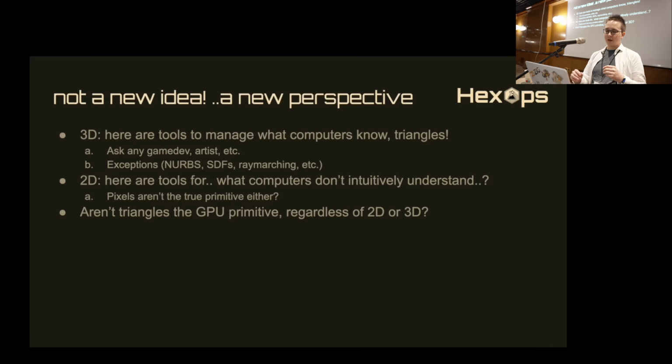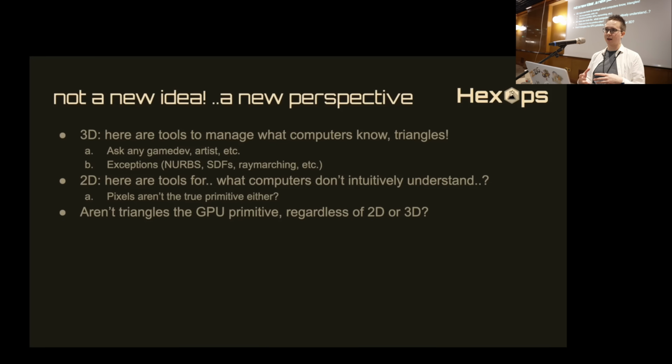And so I'm trying to get a different perspective on this, because I think it's interesting that when we look at 3D tooling for artists, if you ask any game dev or any artist, in general, I think they're probably going to tell you triangles are the thing that make up 3D graphics, right? But in 2D, this is completely the opposite.